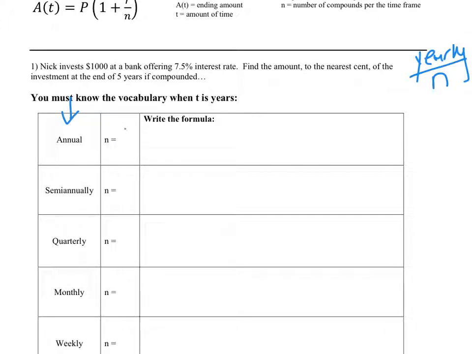So for annual, n is 1 because it's just compounded once a year. So it's literally the same formula that we've been dealing with. So A of T. So if I'm using Nick up here, he has an interest rate of 0.075, and he's dividing it up annually, so that's 1.